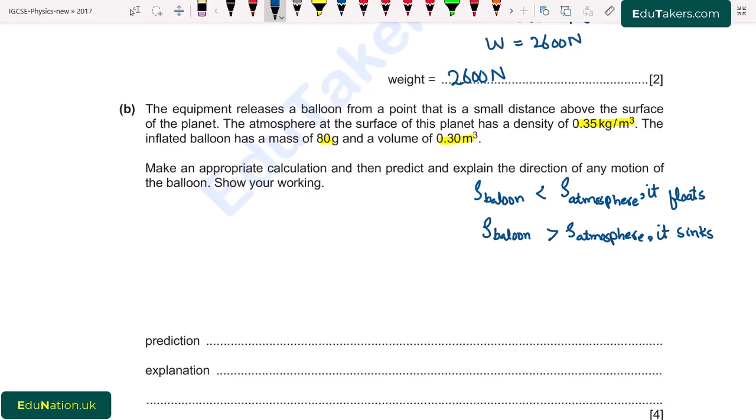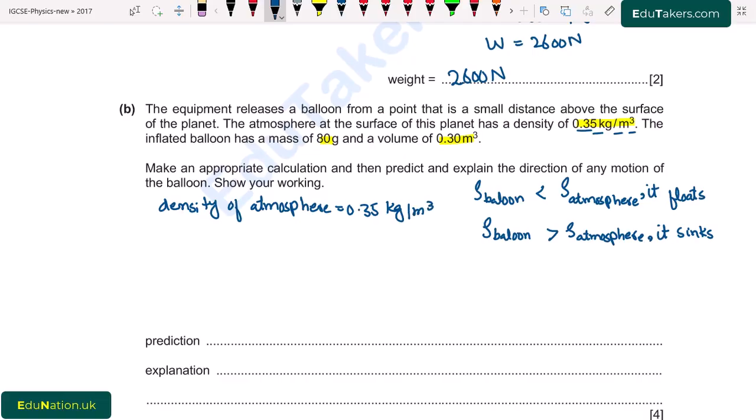First of all, the atmosphere at the surface of this planet has a density of 0.35 kg per meter cube. So here the density of atmosphere is given. I write here, density of atmosphere is equal to 0.35 kilogram per meter cube.